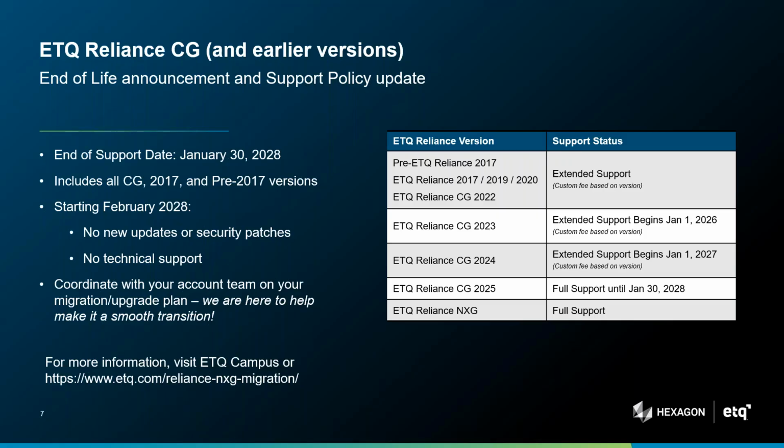So if you haven't yet, I would say get with your account team and we can talk through your specific situation and how we can best support you moving forward into NXG, because we'd love to get you there.